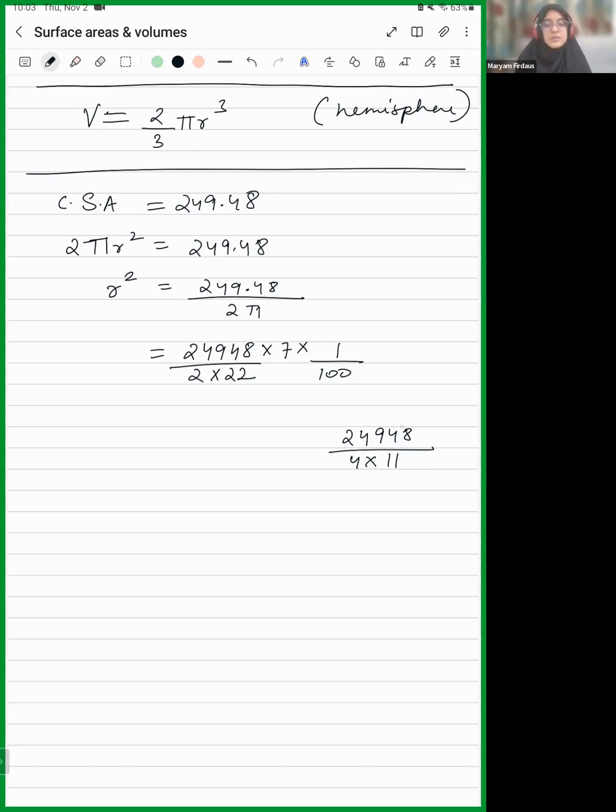Because what is the divisibility test for 4? Who will tell me? How can you look at a number and tell if it's divisible by 4? Yes, Abdul Jabbar, do you know?